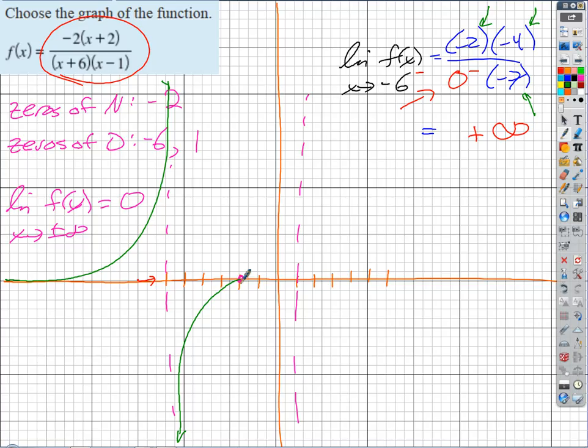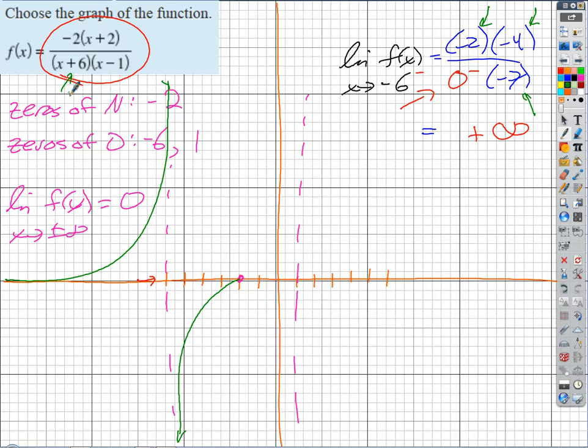What would have had to have been true for it to have gone to positive infinity also? How could we have had a situation where this factor didn't change signs? Anybody think of an example of how that might have happened?